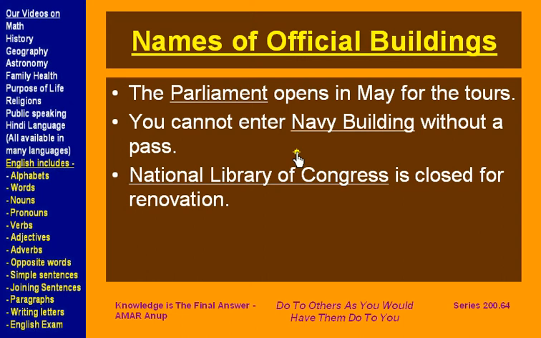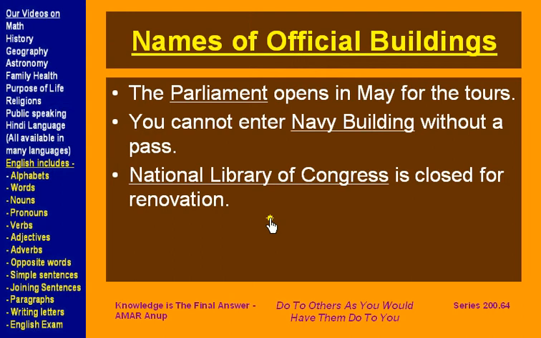Another example, National Library of Congress is closed for renovation, that's a sentence. National Library of Congress is an official building that houses the Library of Congress, and so N in National, L in Library and C in Congress are all capitalized. Remember, 2 alphabet words and 3 alphabet words are not capitalized.